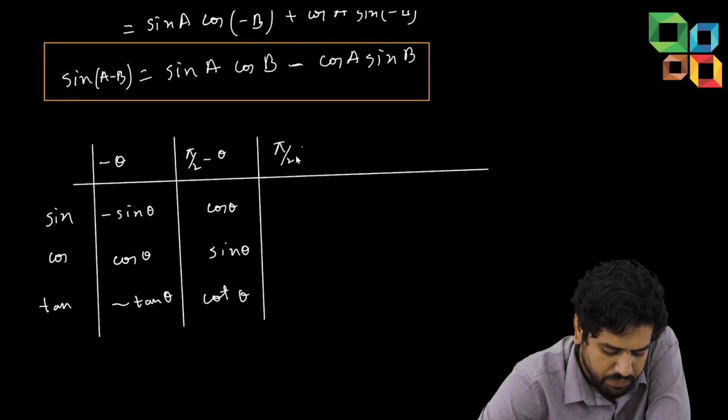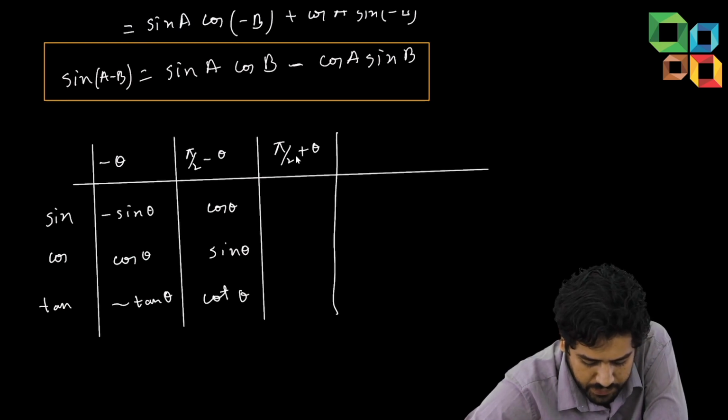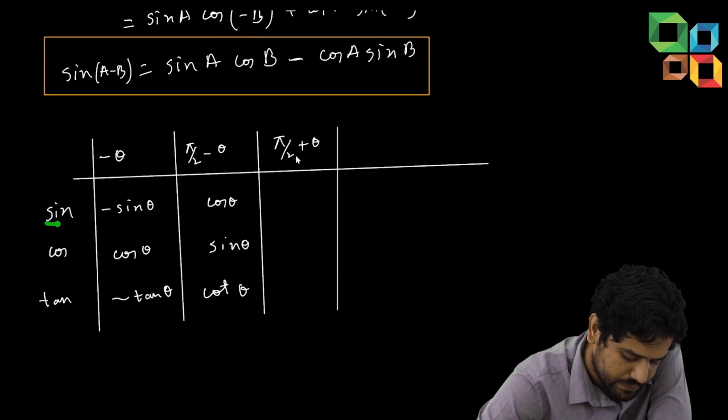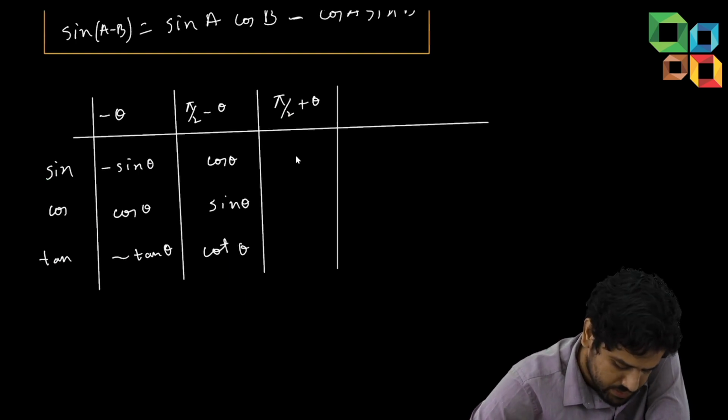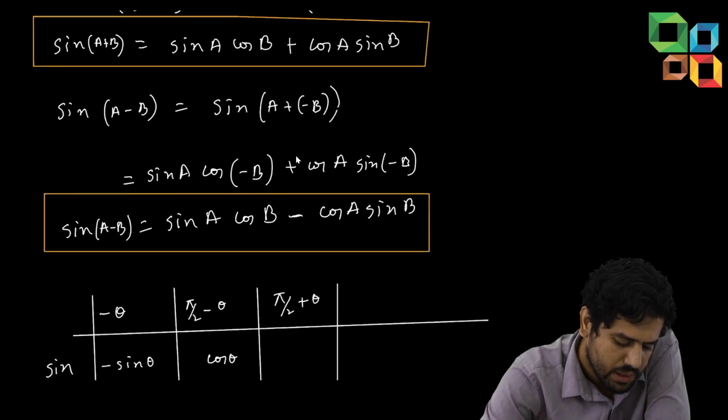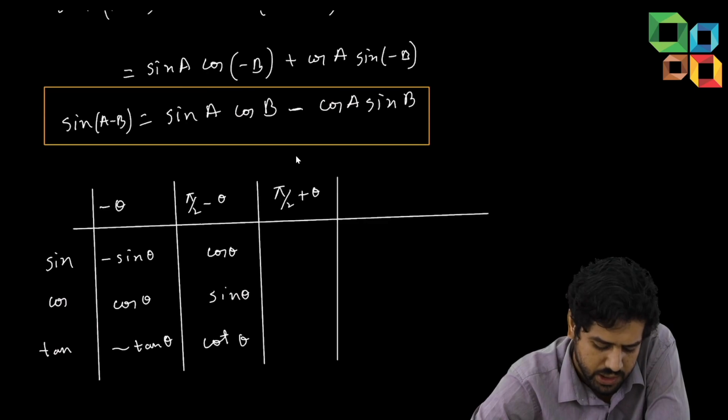Next, if we have to see pi by 2 plus theta. What is sine of pi by 2 plus theta? Sine of a plus b. What is sine of a plus b? Sine a cos b plus cos a sine b. Correct?